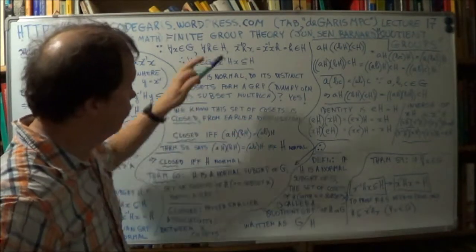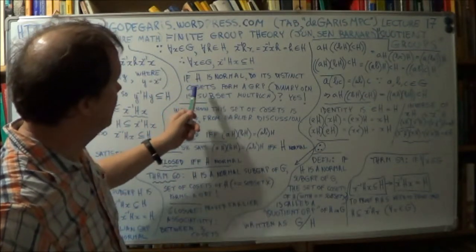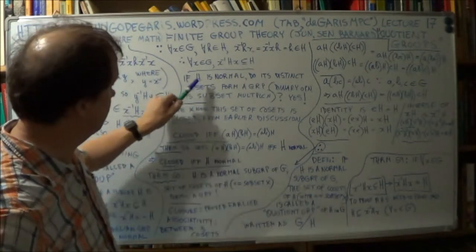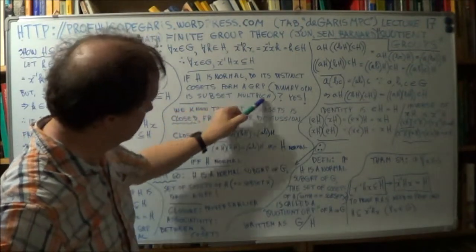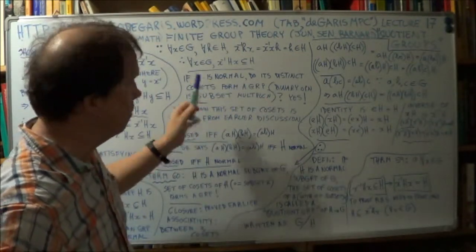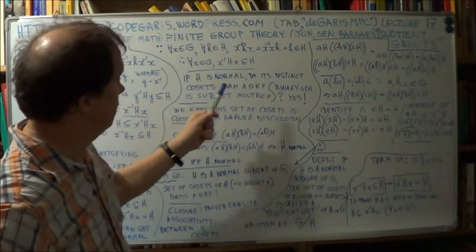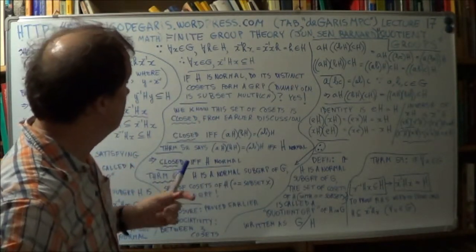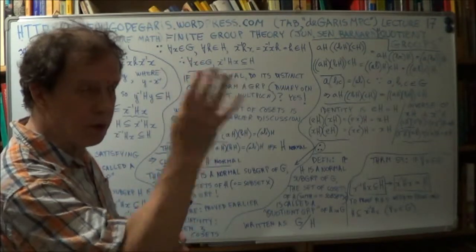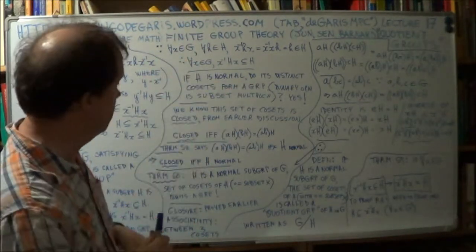Now let's try to prove that this set of cosets of H, with this binary operation of subset multiplication, is actually a group, right? So we need to prove the usual four properties hold.